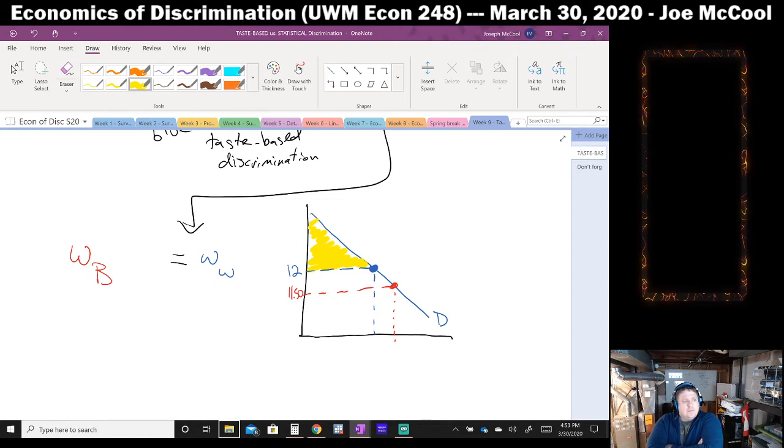So the first worker that you have, say this is the first worker, then this whole area here, remember, this is wage, and this area right here would be selling price of, I guess we'll say, $18 per hour. So this worker is making you $18 an hour, and you're paying them $12.